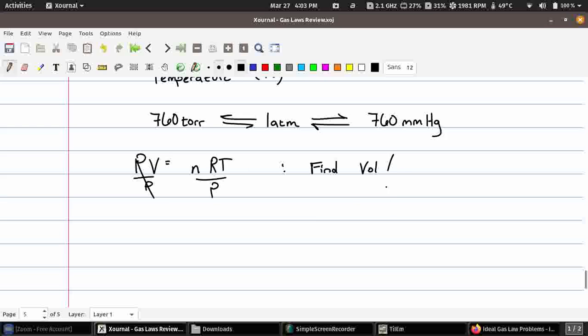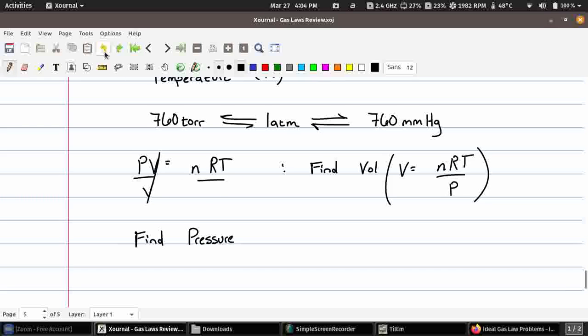So then V equals nRT over P. If I said find pressure, you would divide the volume out. That's going to give you this. P equals nRT over V.